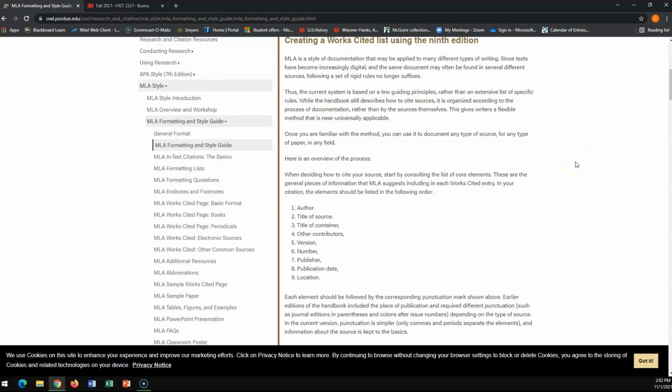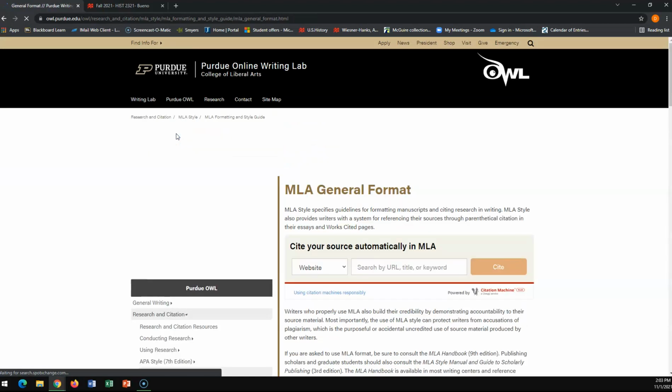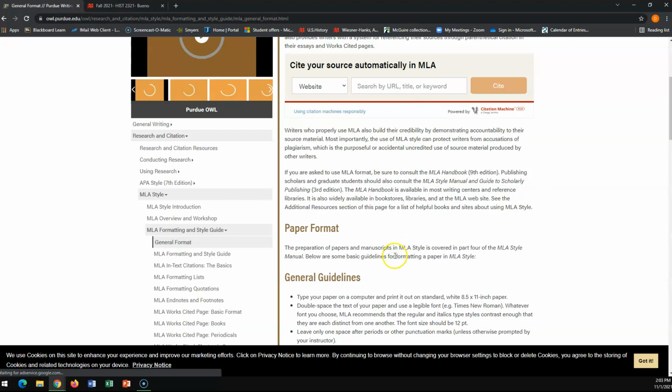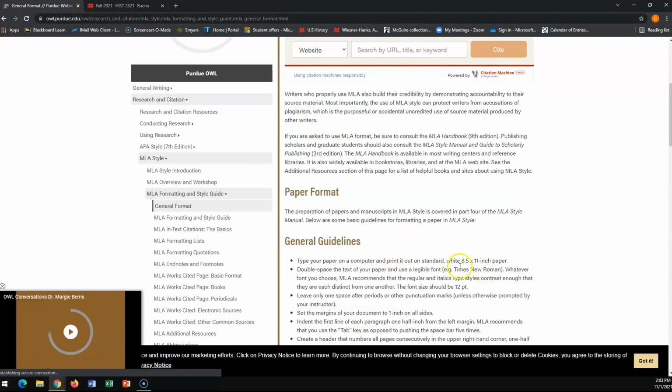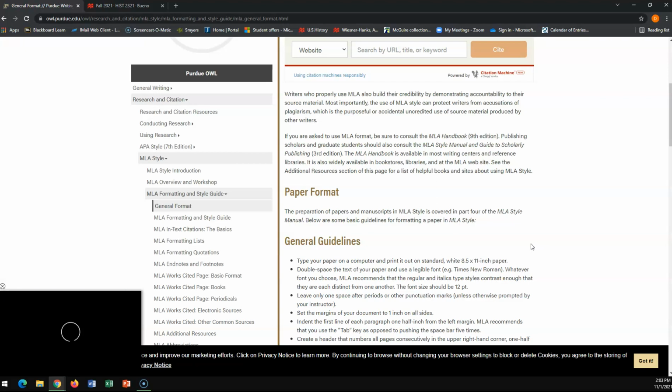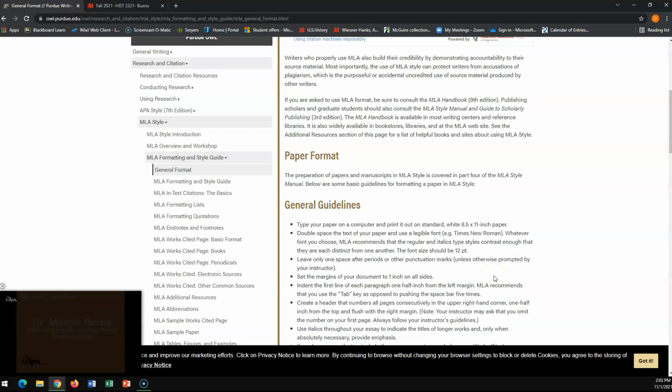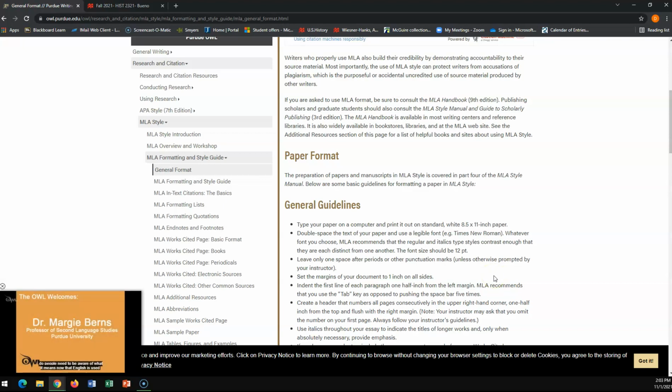It tells you the general format of MLA. If you're writing an entire paper, it shows you the general guidelines. You're supposed to use 8.5 by 11-inch paper, double space, Times New Roman, font size 12. Anytime you write a paper in MLA format, this is what you're going to use every single time.